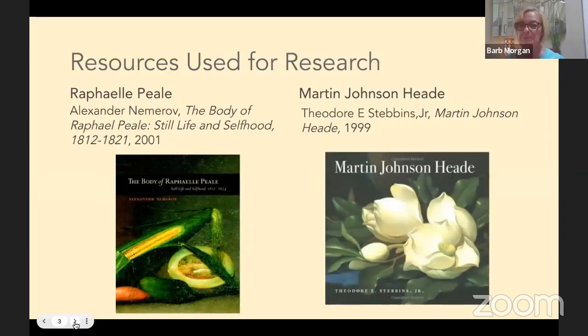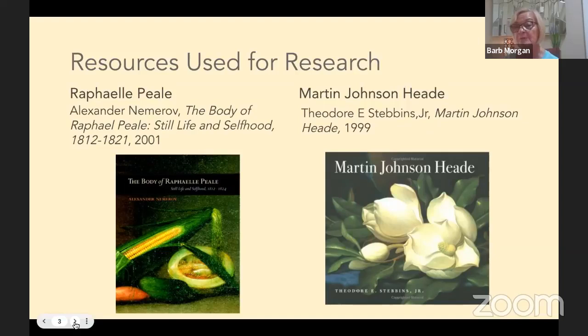The next slide shows two of the research books that I predominantly used. Obviously, there's other research that I used, but these two were more recent. On Raphaelle Peale, this is a book by Alexander Nemirov, The Body of Raphaelle Peale, Still Life and Selfhood. It encompassed those years of his life, and it was just published in 2001.